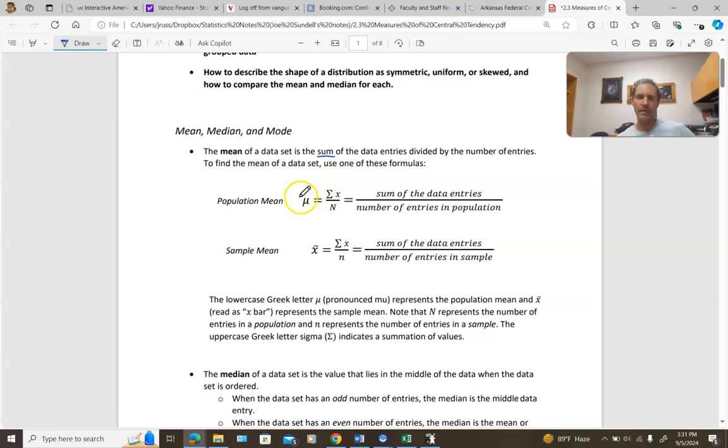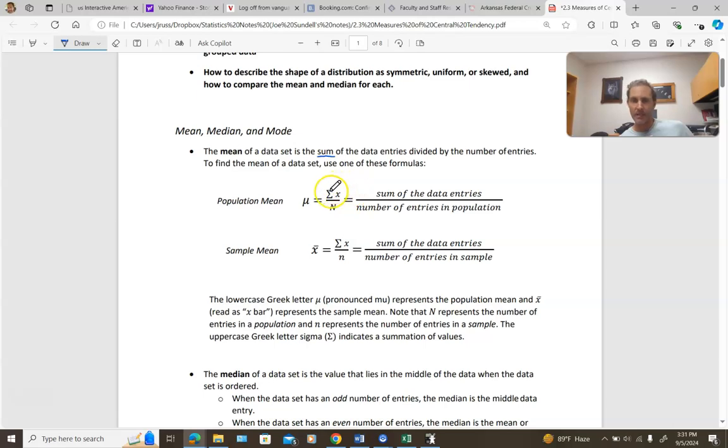And notice here, guys, we use mu. That's what this lowercase Greek letter is called. It's right here in the notes. It's spelled mu and pronounced mu. This Greek letter always refers to the population mean.